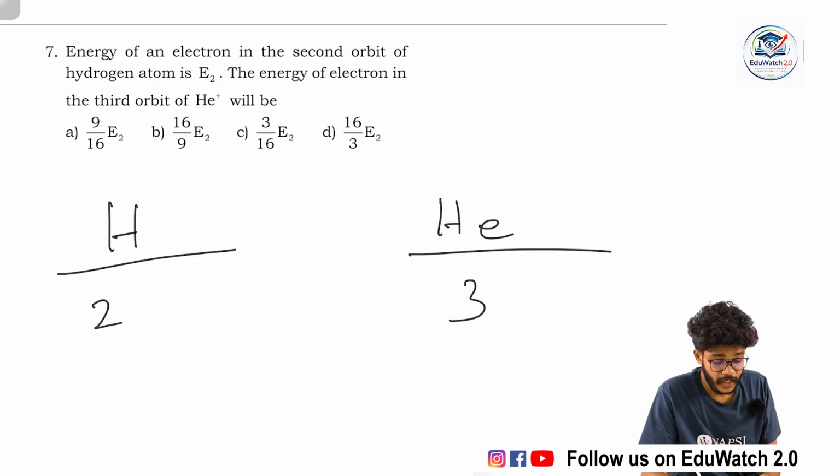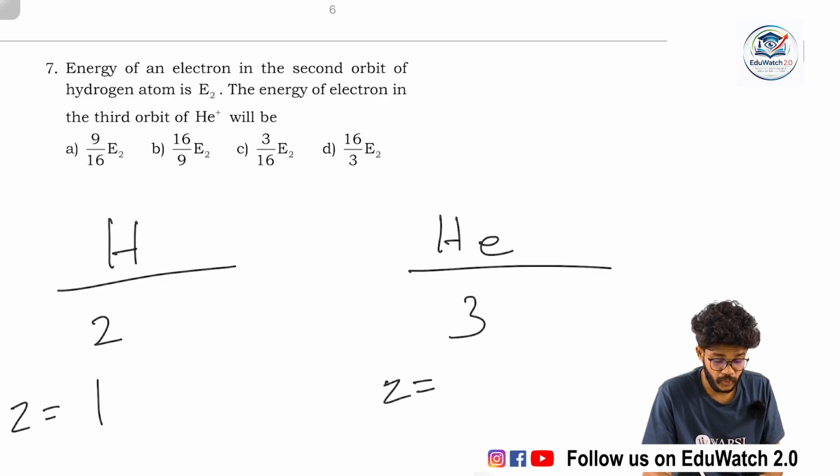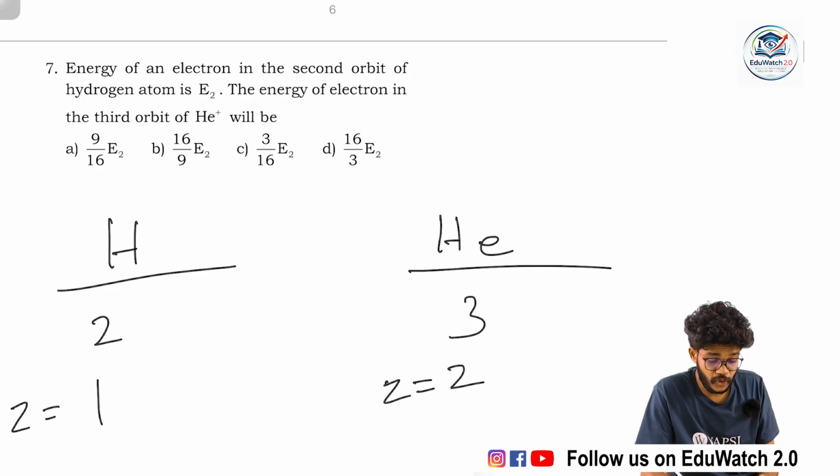The atomic number Z for hydrogen is 1, and the atomic number for helium is 2. So they ask for the ratio between E2 and the energy of helium.